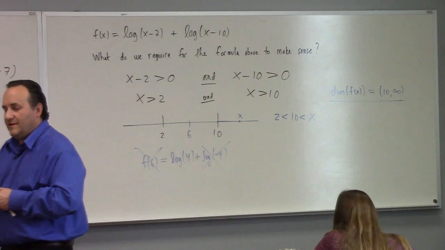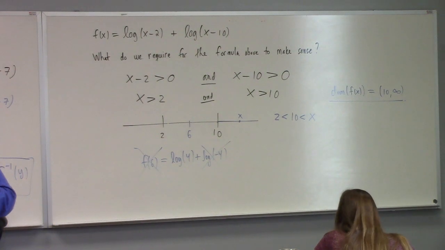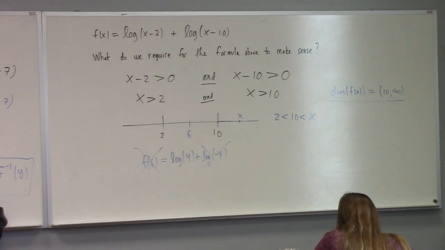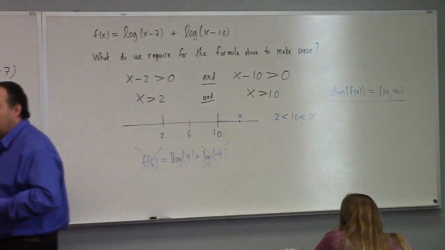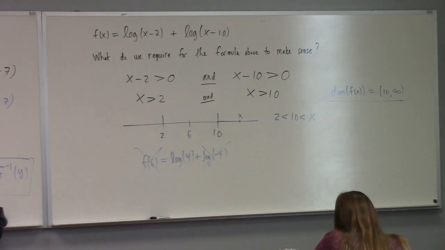What if instead of having x minus 10, I had 10 minus x? Hypothetical. How would that change things?